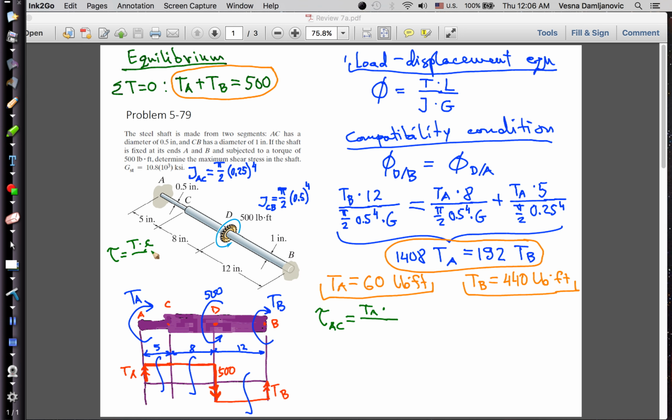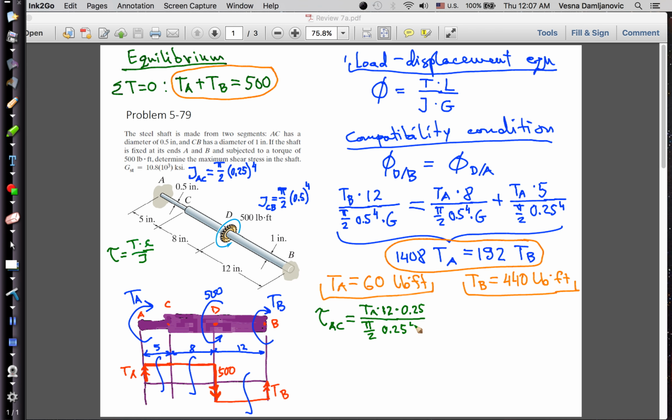And below we have the JAC, which is pi half 0.25 to the fourth. And when you calculate that, these two cancel, obviously, and that's a third. And so when you calculate that, you get that the tau AC is 29.3 KSI, kilopounds per square inch, okay, when you sort out the units, because the TA is 60 pound foot.